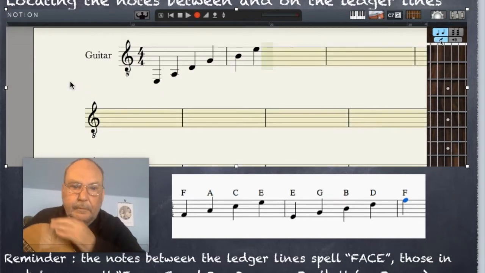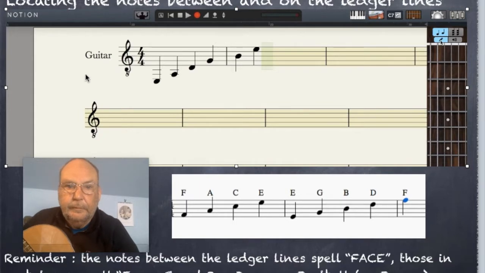Now I'm going to add the notes between the ledger lines. So we slowly build up a picture of this fretboard. The first note I'm going to add is on the 4th string here and the 3rd fret.